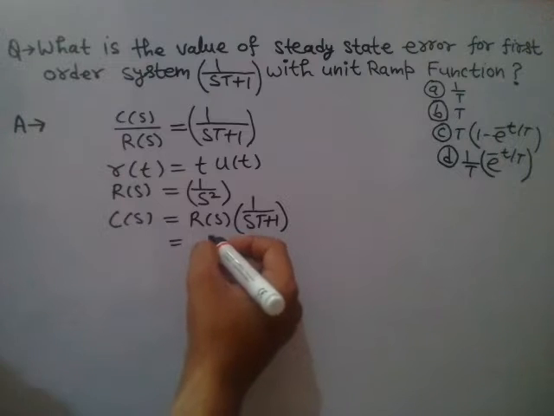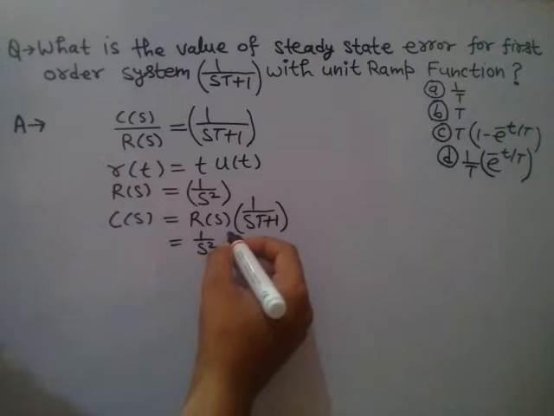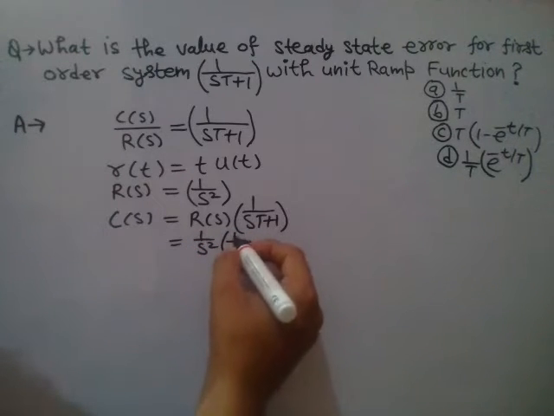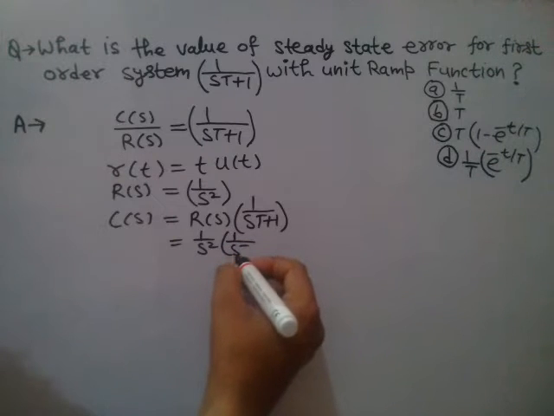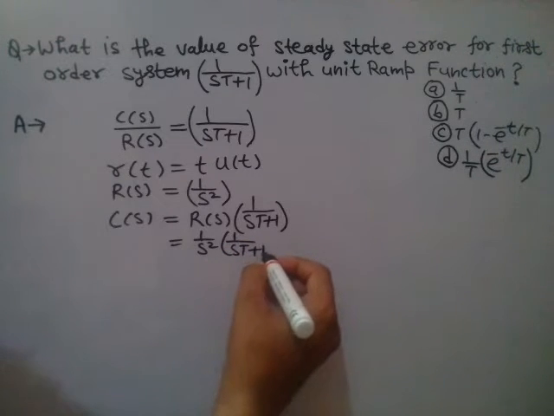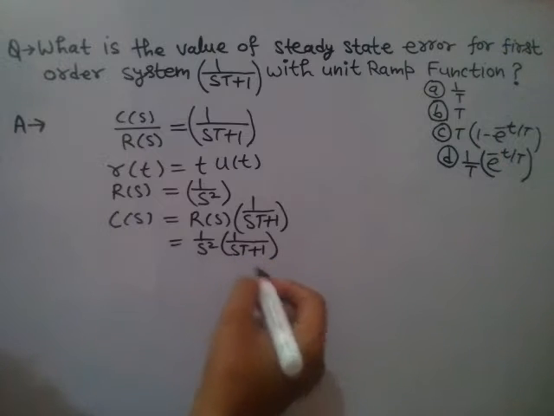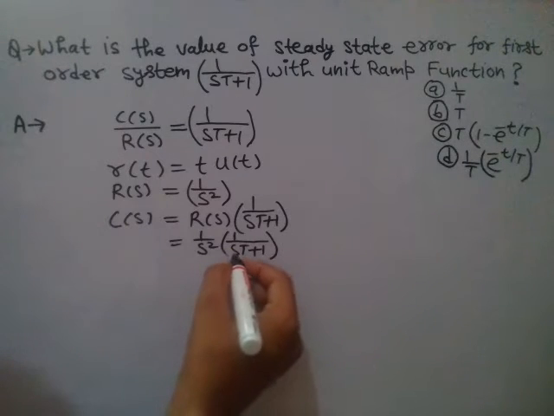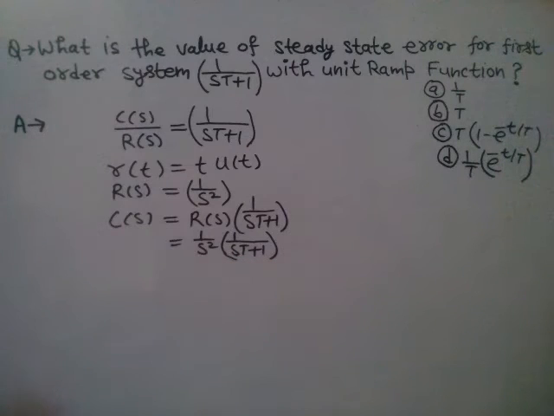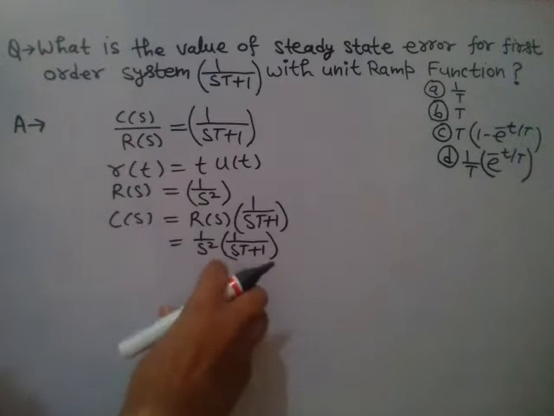So 1 by s square, in bracket, 1 by sT plus 1. Now we can do the partial fraction of this.